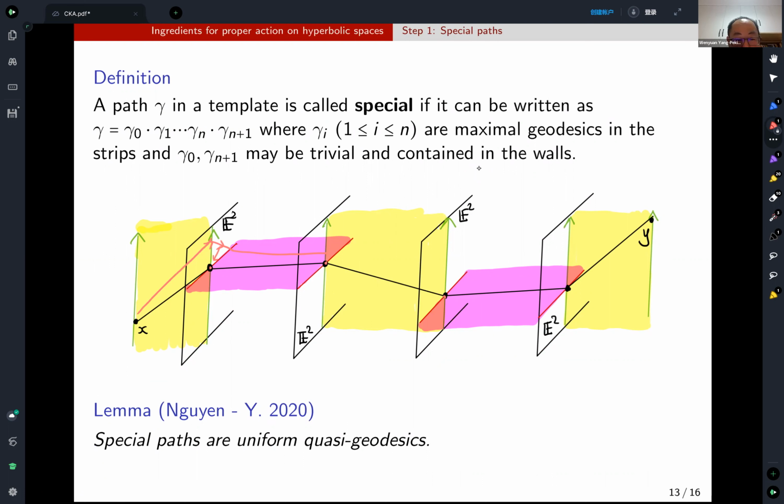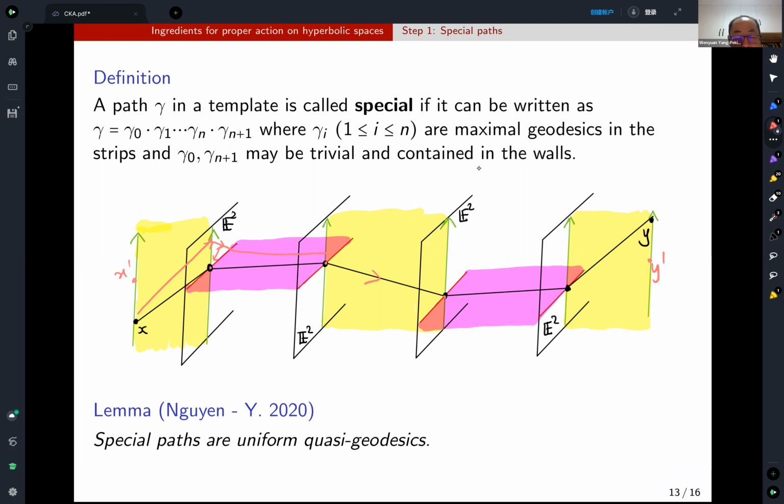Now we can see this spansel path is somehow canonical, because in between, the path does not depend on x and y. For any x, y you choose here, x prime, y prime, in between will be the same.